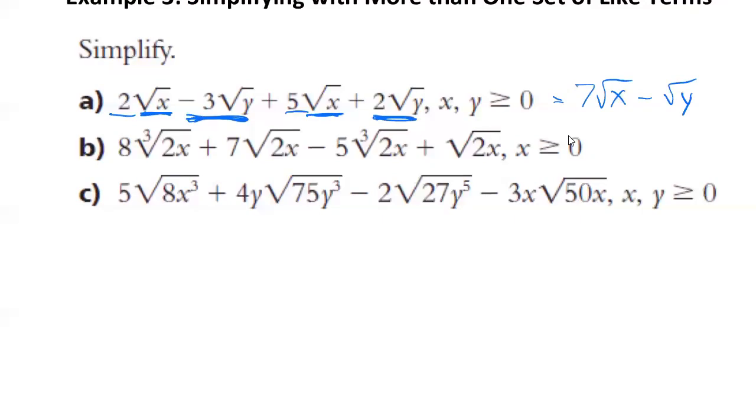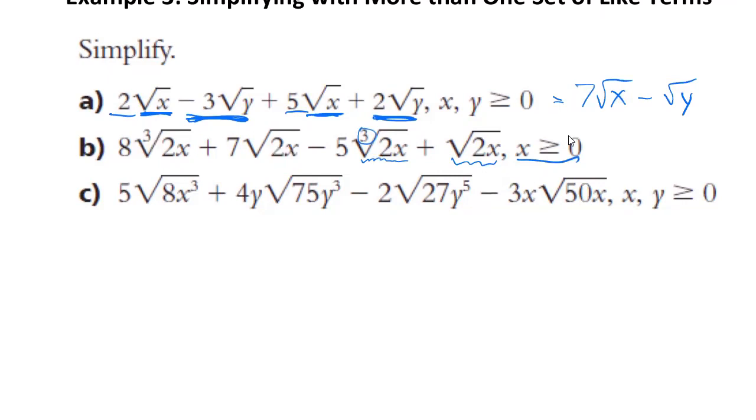Okay. Question B. Awesome. Again, we have our variables defined already. And just like question number 1, we have the same index, same radicand, and it's already simplified. So we can go straight to combining. So we have cube root 2x's and we have square root 2x's. Be careful that you're making sure that you see these. The index here and here are different than the other two.